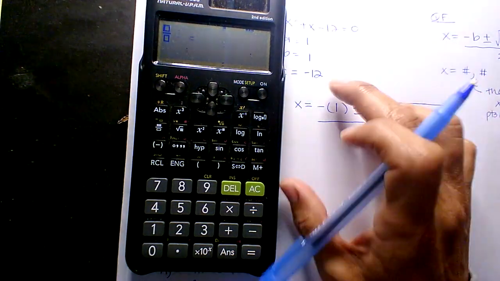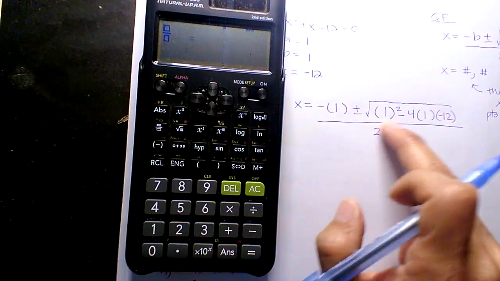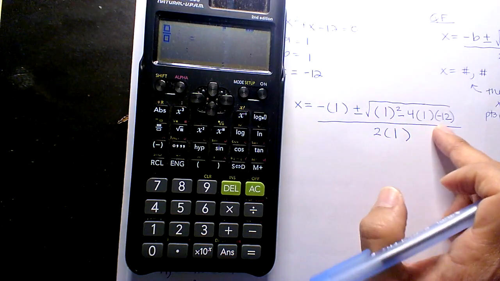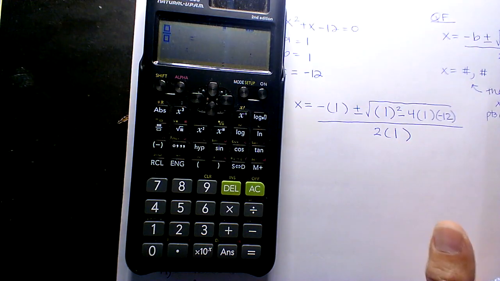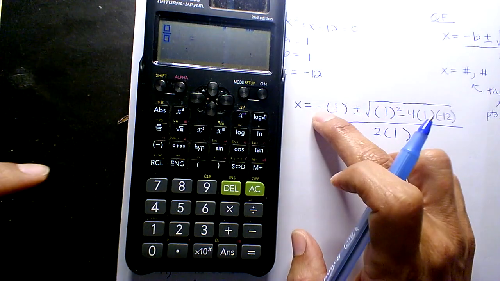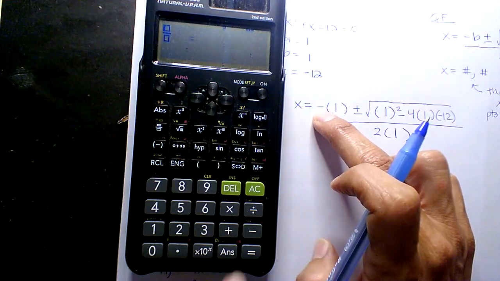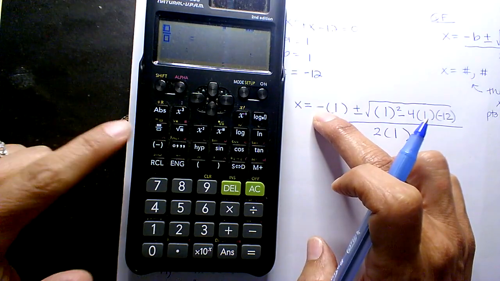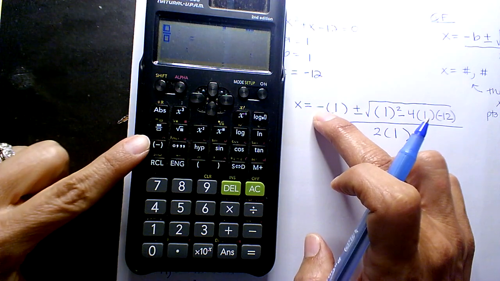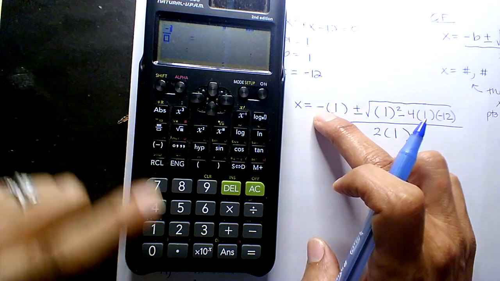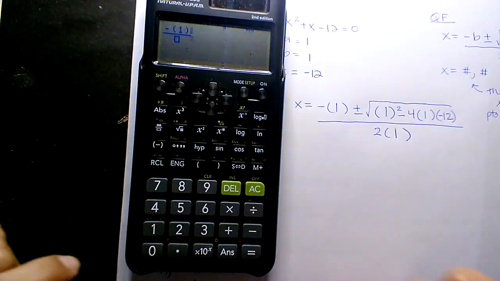Okay, so here we go. Fraction bar, yes? Okay, now you're going to type this. This is a minus b. It is not a subtraction. It is a negative. Negative 1.